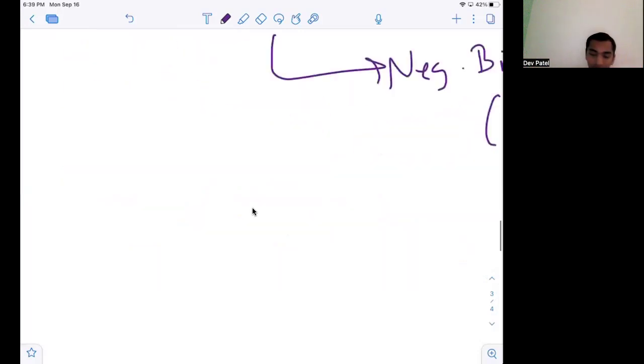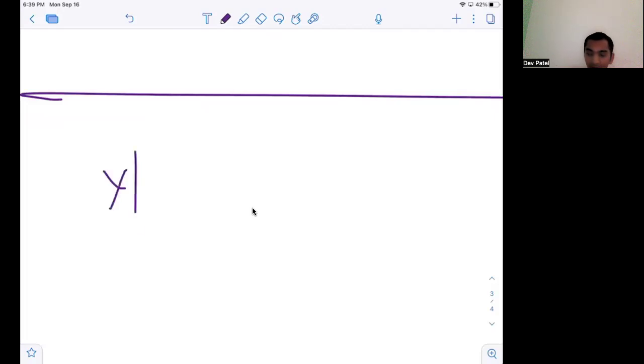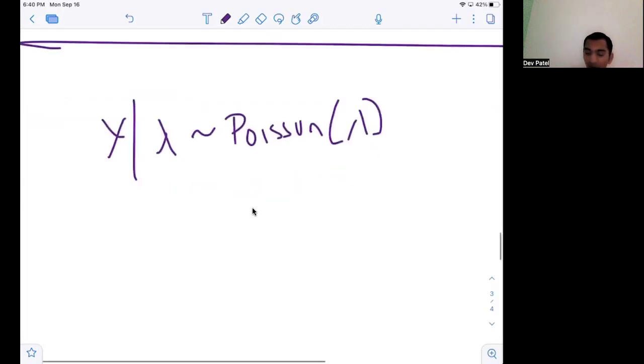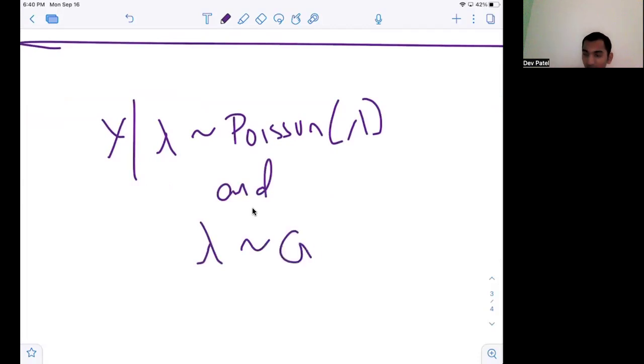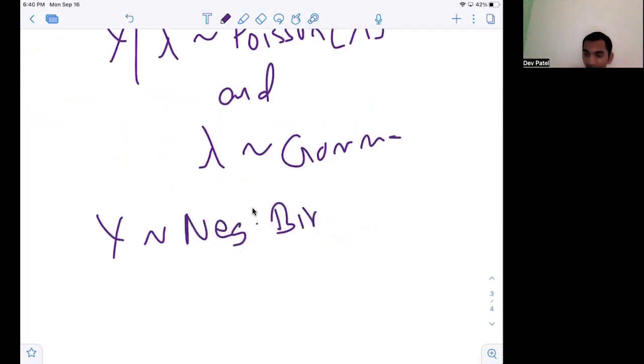And there's this cool little formula that you want to have for modeling purposes. If y given lambda follows a Poisson distribution centered around lambda, but that lambda also changes according to a gamma distribution, then the distribution of y is negative binomial.